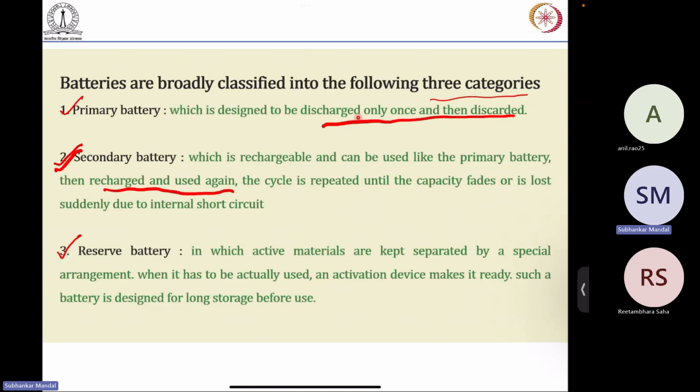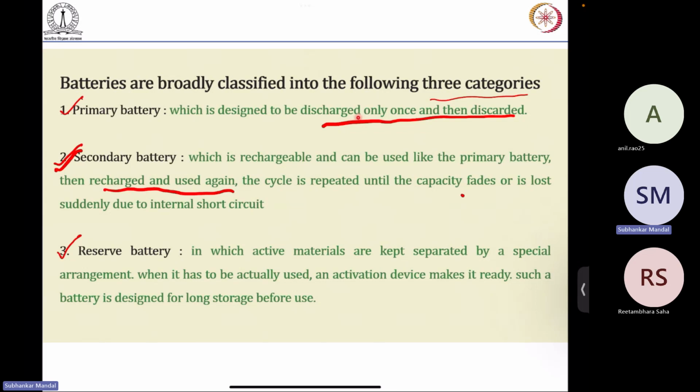That means once you buy the battery and use it and it is completely discharged, you can charge it again and reuse it. As long as the capacity retention is there, you can use the battery.